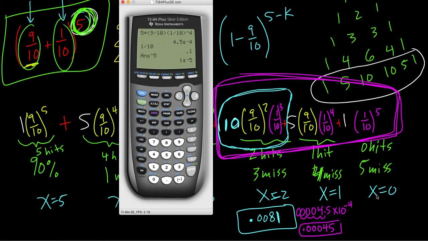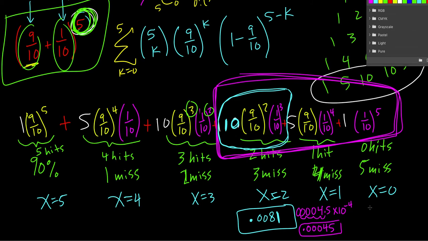And it's 1 times 10 to the negative 5, which I should have known. But that's okay. 1, put a bunch of zeros. So we go 1, 2, 3, 4, 5. So we don't really need that one.